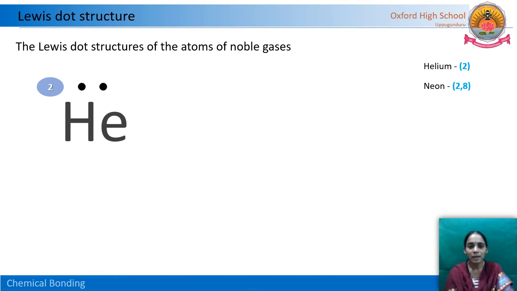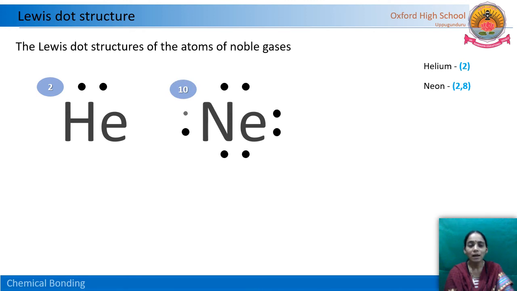So the nucleus and the remaining electrons we usually represent with Ne, and the outer shell electrons, that means the valence electrons, we usually denote with dots or crosses. How many outer shell electrons? 8. So the 8 valence electrons will be represented with dots, like on all 4 sides we put 2 dots at a time.